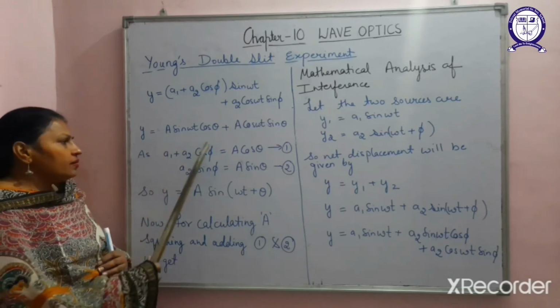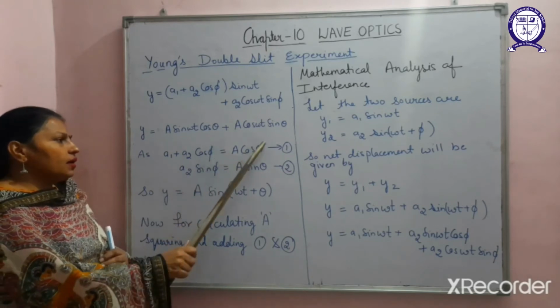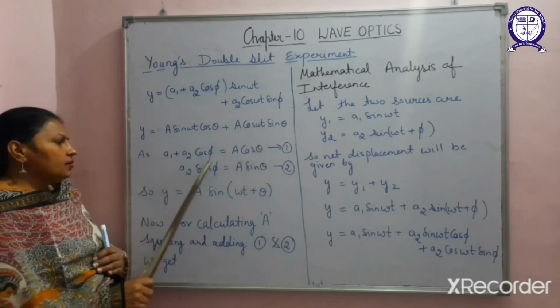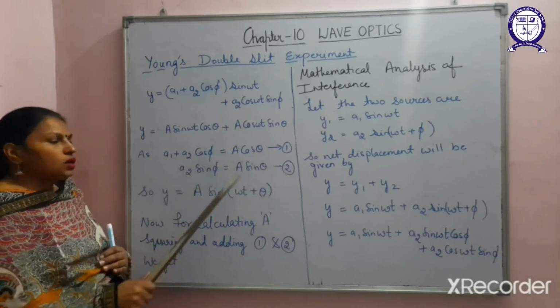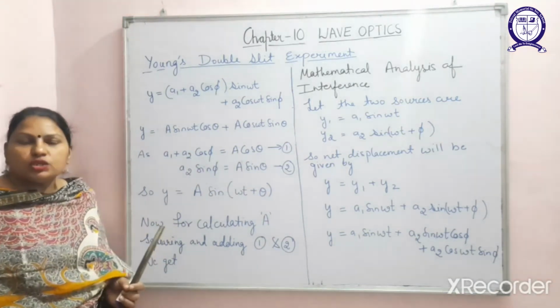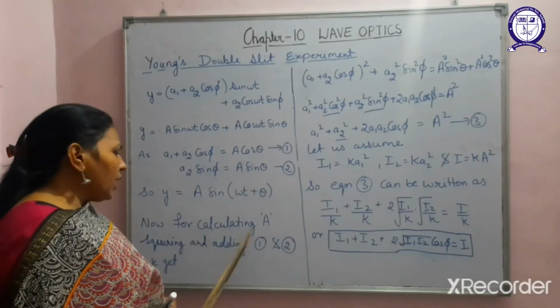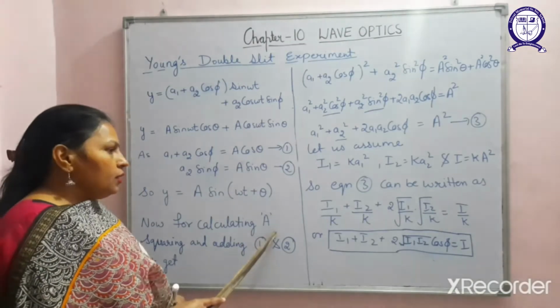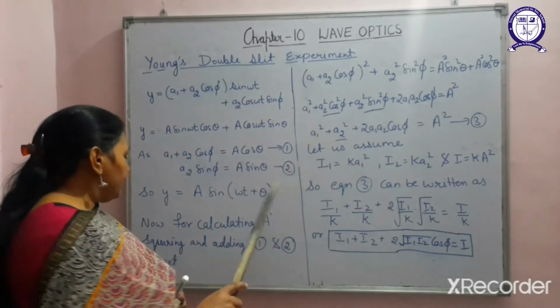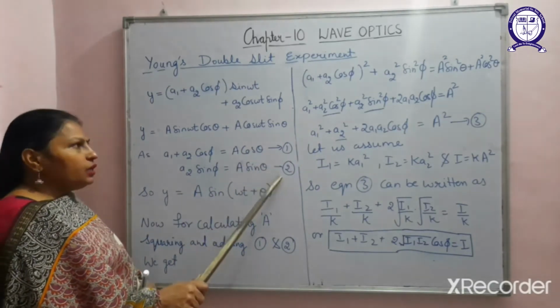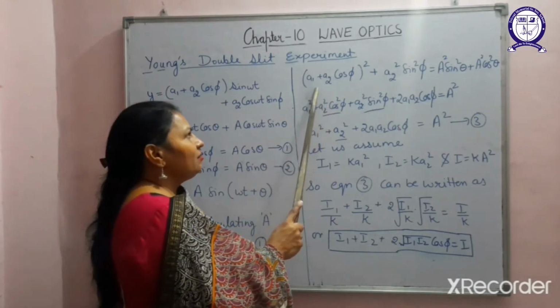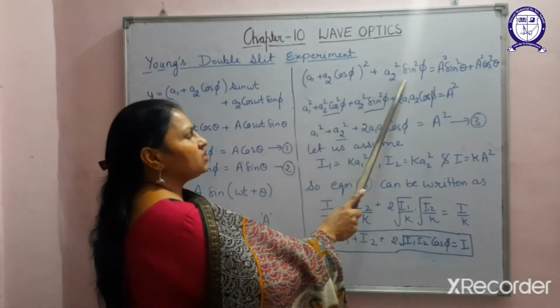So square here as well as here, similarly here as well as here, and then add these two terms together to get the new equation. As we want to calculate capital A, we do this by squaring and adding both sides of equations 1 and 2.